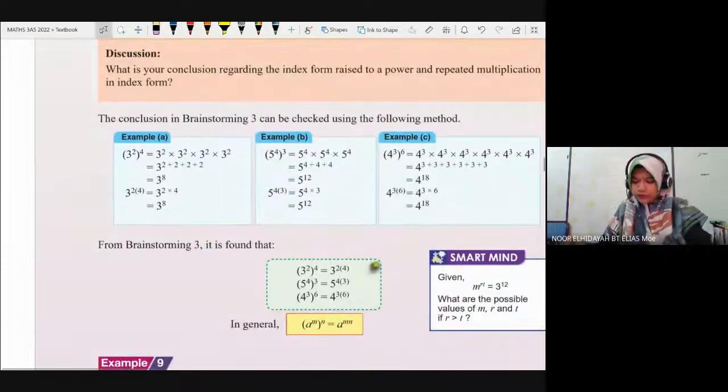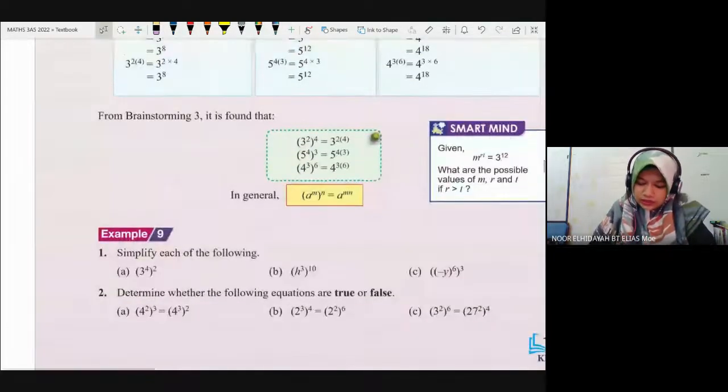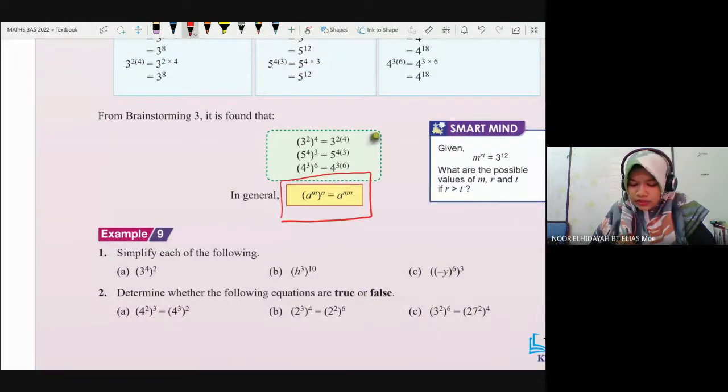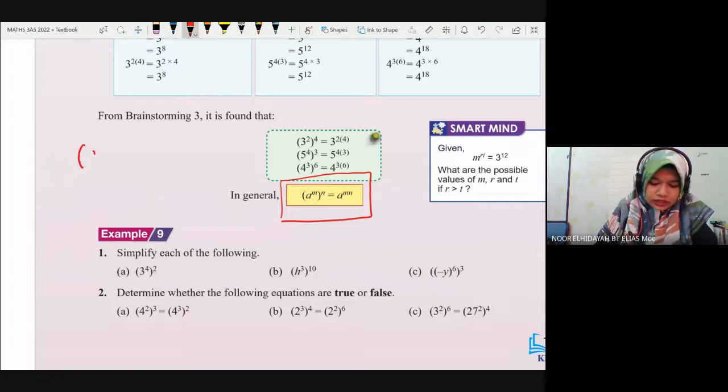Okay, so this one is the conclusion for the law of indices. The next law of indices, when it involve, okay, a to the power of m, means that the index form, the base is a, the index is m, raised to the power. Dia pula ada power pula lepas tu. So dia akan, kita selesaikan macam mana? Dia jadi darab a to the power of mn.